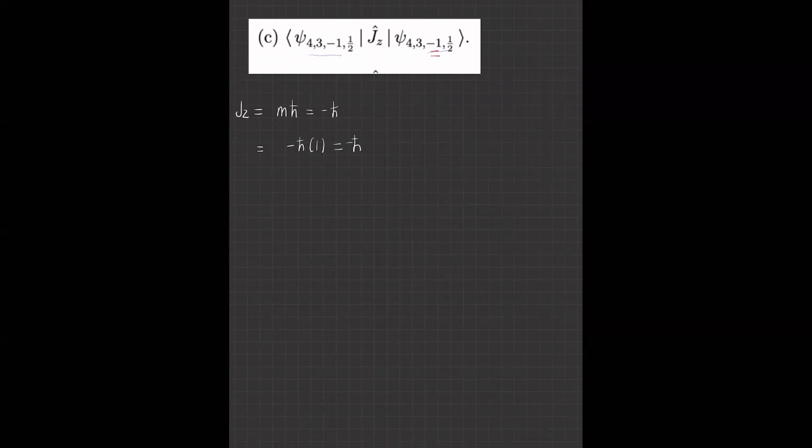Now let me just check if all these column numbers match. Okay, they do.